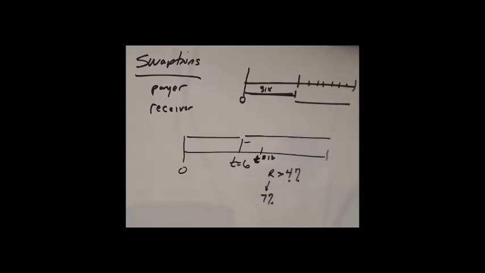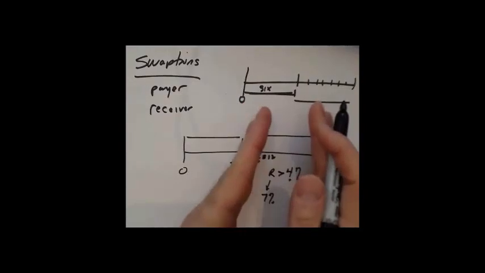What will happen is each period, starting with the first swap payoff at T equals 12, the treasurer pays 4% on the swap and receives LIBOR. So that's the swap part. It pays 4% and receives LIBOR, which is expected to be on average 7% over the life of this swap.